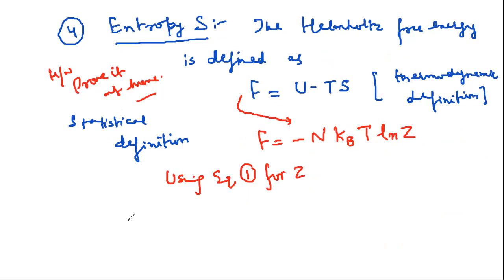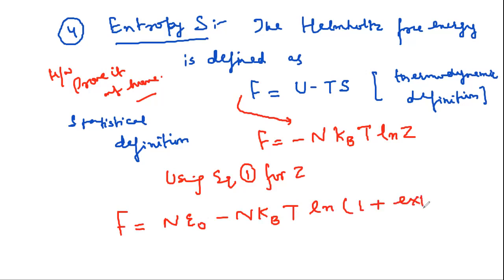When you do it, it turns out to be equal to n epsilon naught minus n kb t ln of 1 plus exponential of minus epsilon by kt.